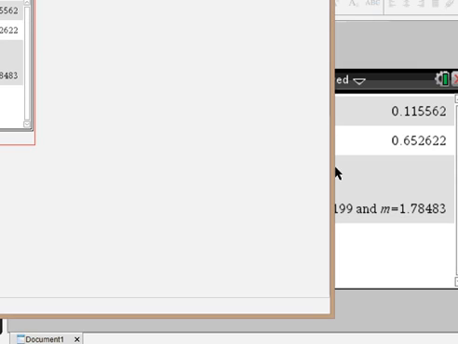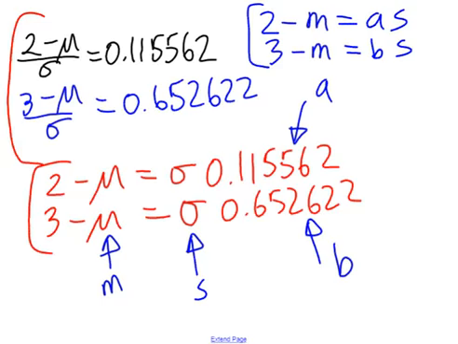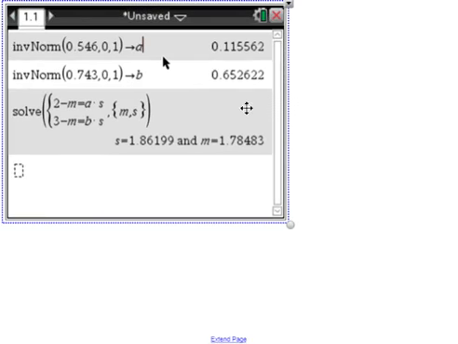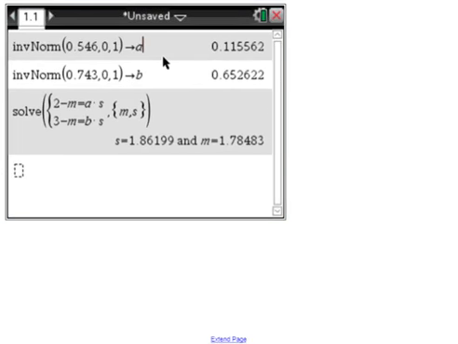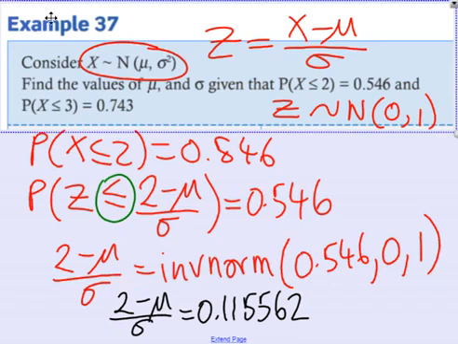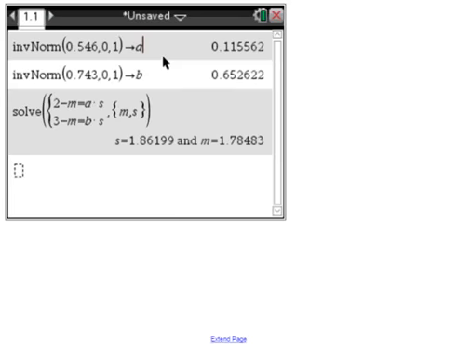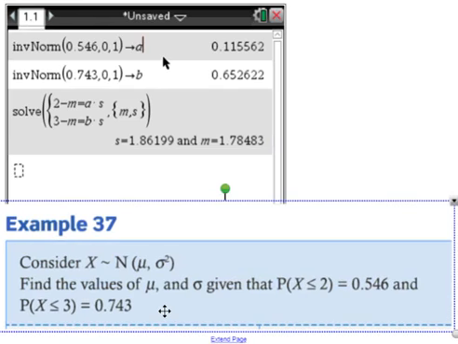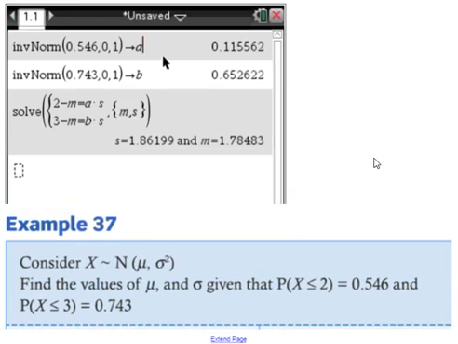Now, it would be a good idea to check this. So that's what we got. Let's check that this works with the original problem. I'm just going to check one of them. If this is the standard deviation and this is the mean, then it should give me 0.546.